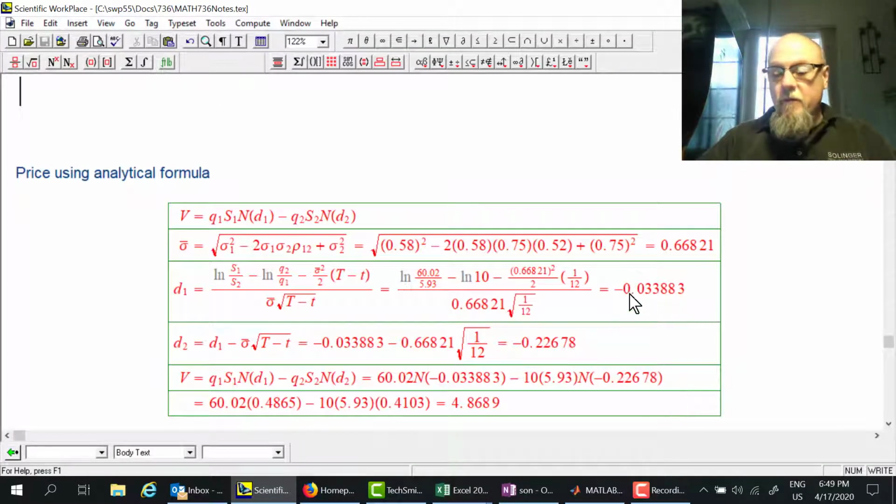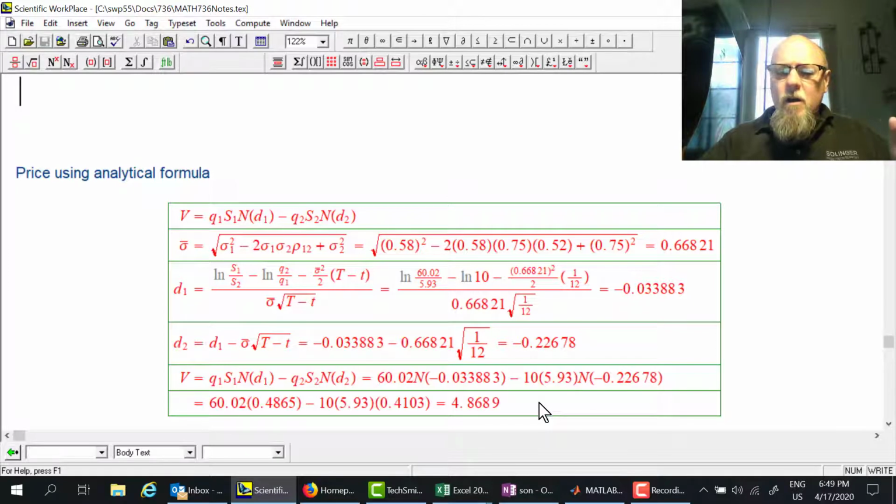D1 is a little bit less than 0, so N of D1 is a little bit less than 0.5. D2 is a little bit more negative, so we're getting a smaller probability. That's the 41% and 48%. Anyway, work this out, we get an analytical answer of $4.86.